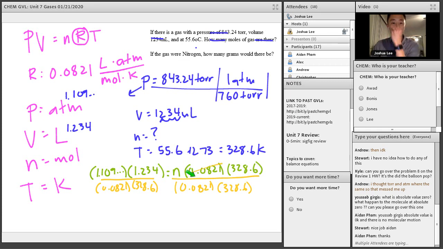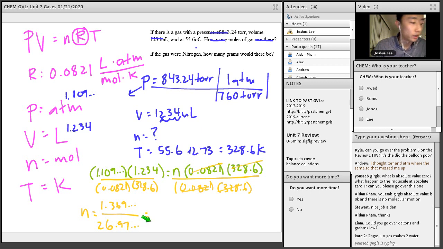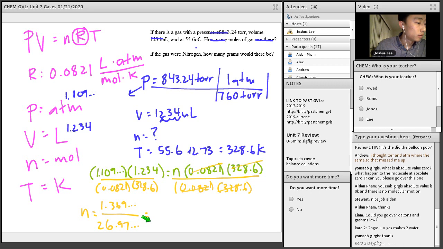Some of you like to do the math before, and if you did the math before, it would become what? 1.109 times 1.234, 1.369 dot dot dot over 26.97 dot dot dot, and then the number of moles would be 0.0507 dot dot dot moles.